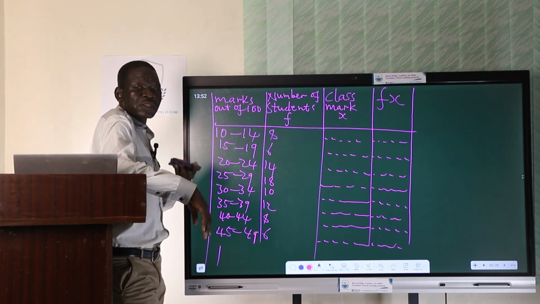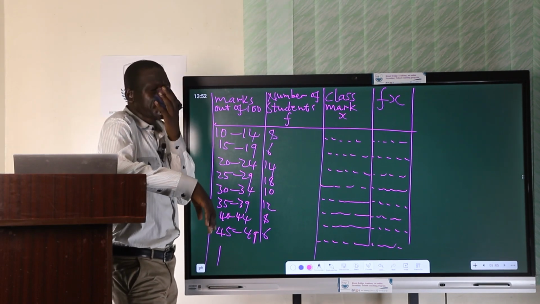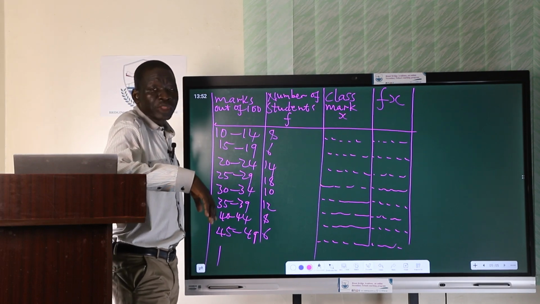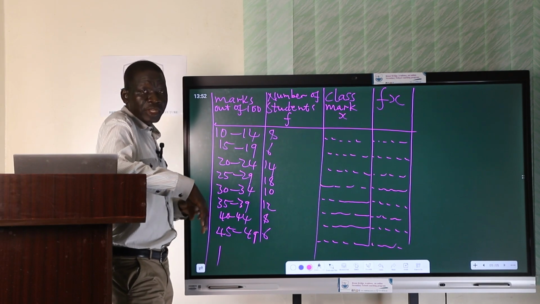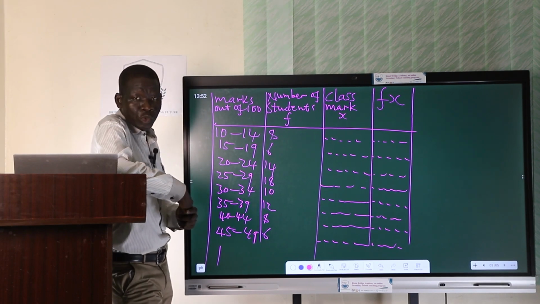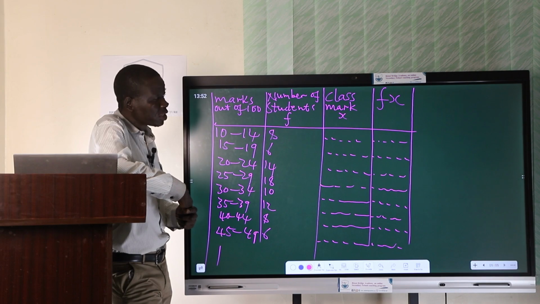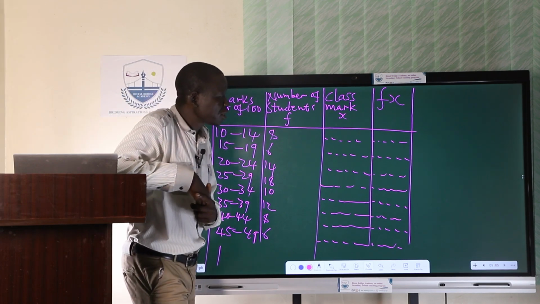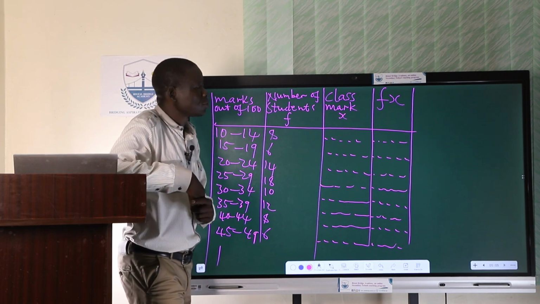And we said that to obtain the midpoint, we add the lower class limit to the upper class limit, then we divide by 2. That is how we obtain the class marker values, or what we call the midpoint.